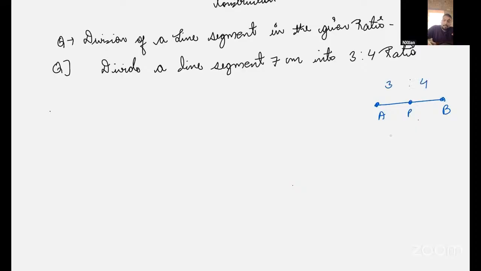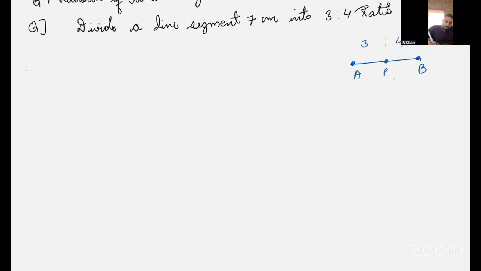This is your rough diagram. If you are not making it, you can lose the points. Are you with me? Don't leave this. You have to make the rough diagram. Now, how will you solve it?